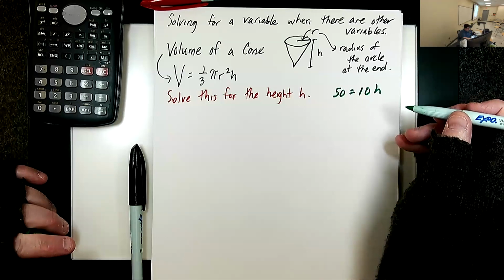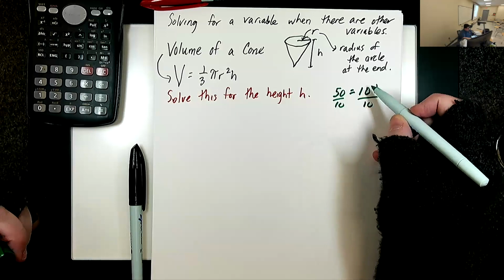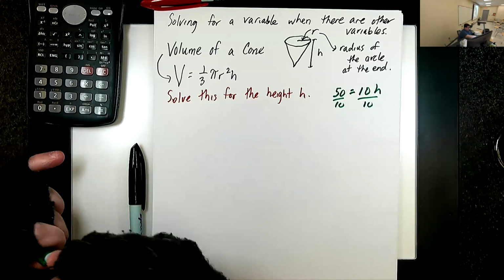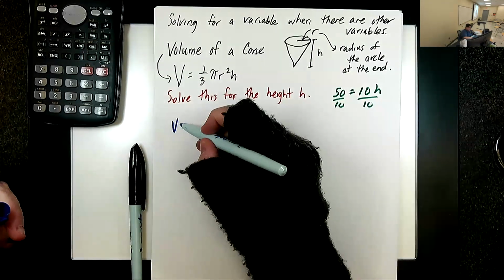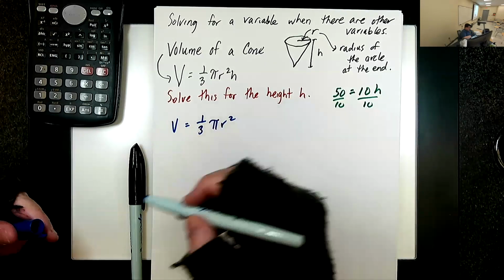We divide by 10, right? Well, I don't have 50 and 10. I have v on the left, and then I have 1/3 pi r squared h here.